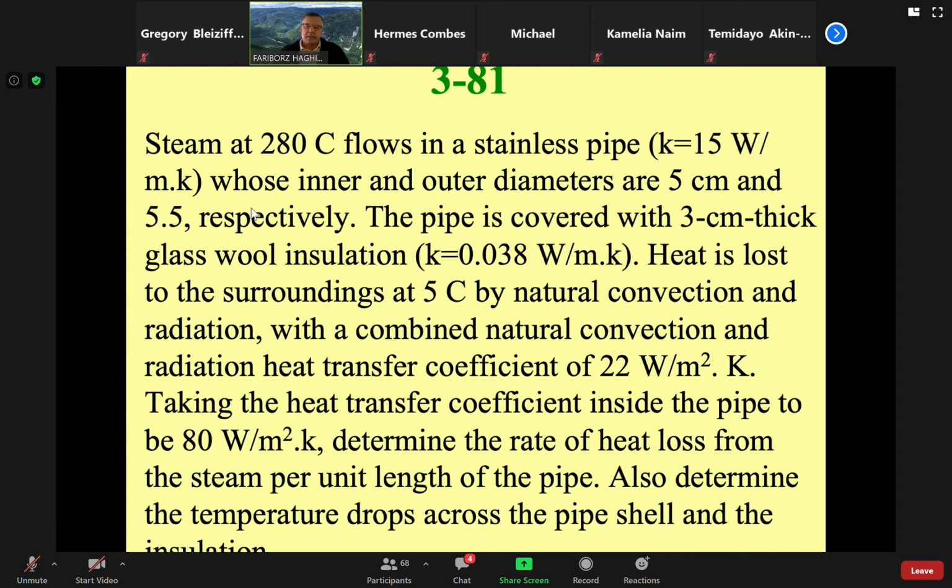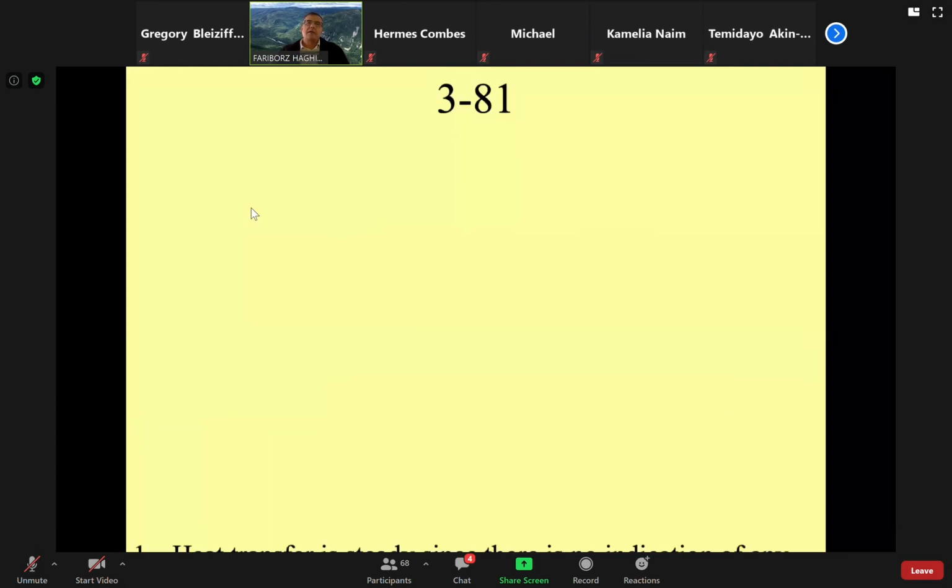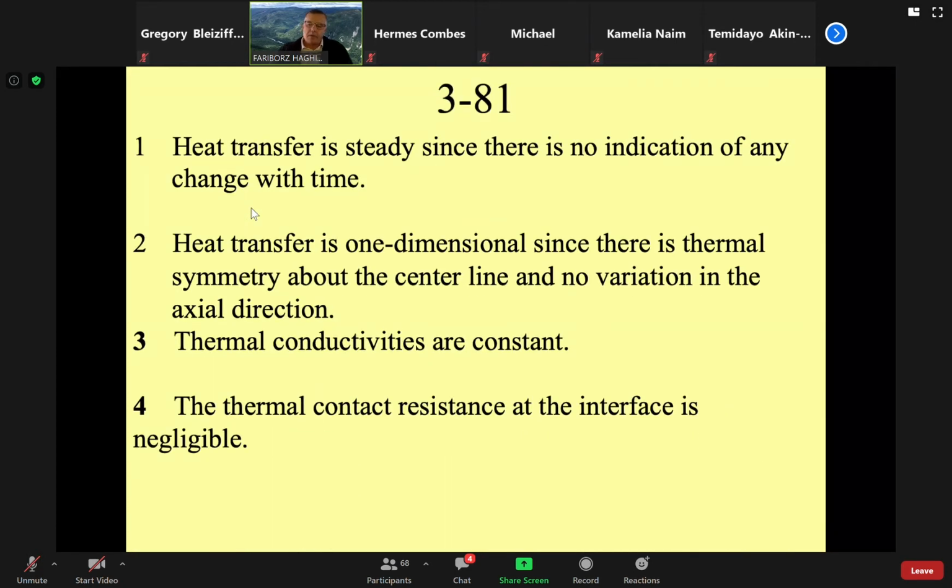To solve any problem, we make a certain number of assumptions. First, assume steady state, because there is no indication of any change with time, and we mentioned these two temperatures are constant. Second, assume it is only one dimensional, because the pipe is very long.